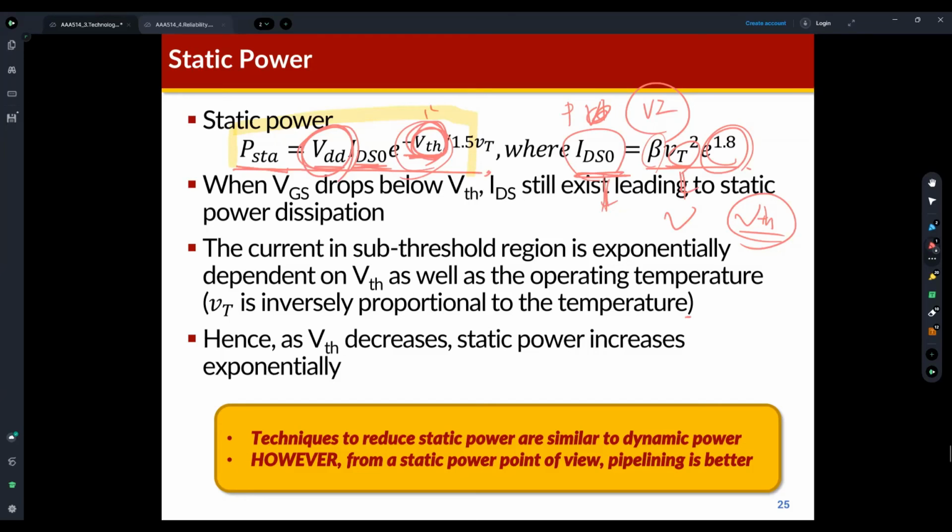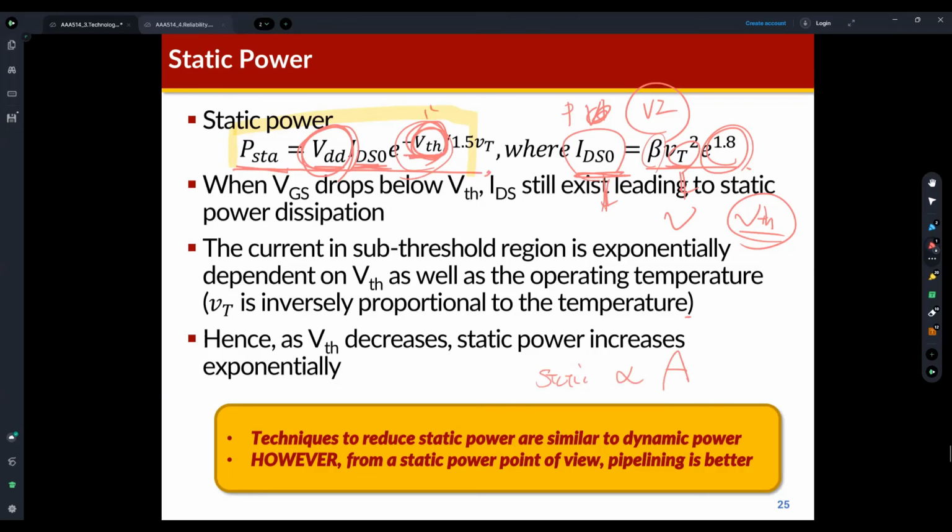But if we cannot apply this technique, then static power is proportional to the chip area, which is the number of transistors, actually. That's obvious. What is static power?